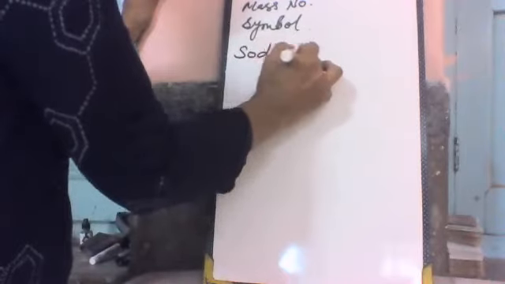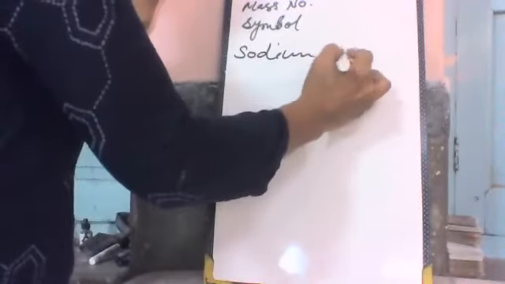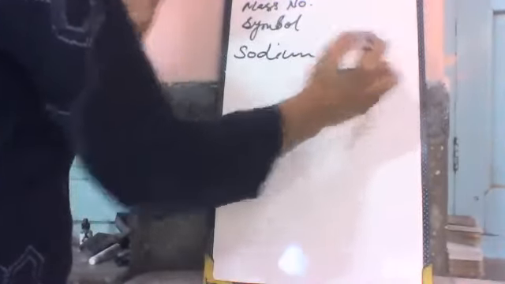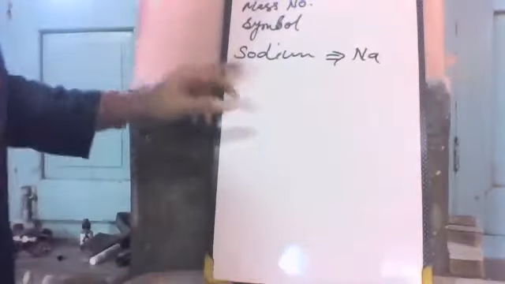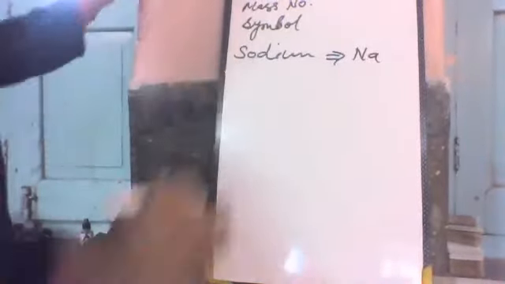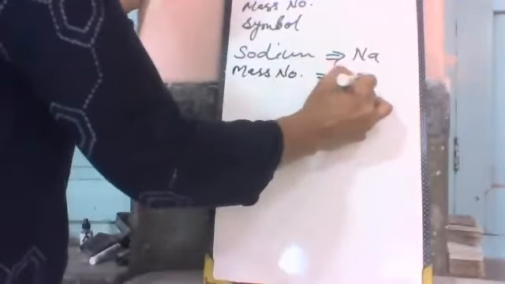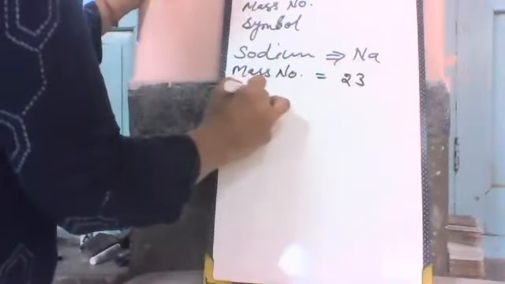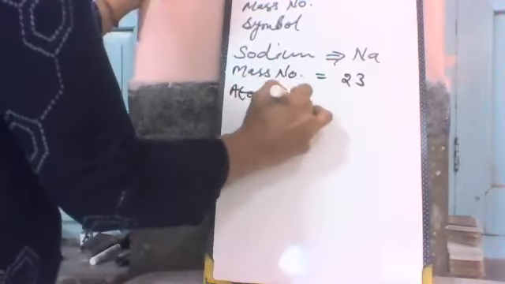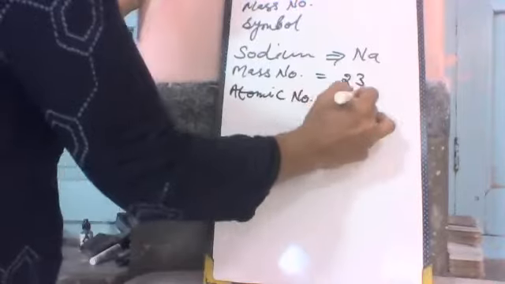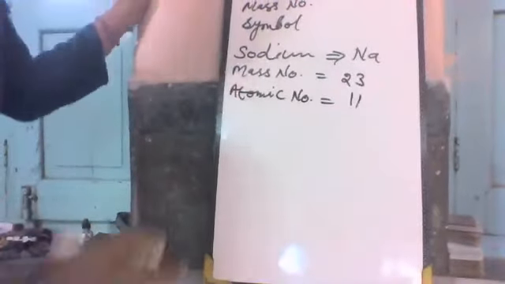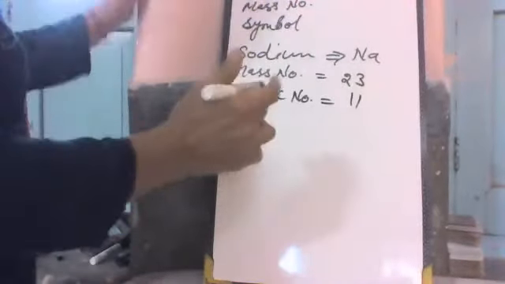Now taking the example of sodium. The symbol of sodium is Na, the mass number is 23 and the atomic number is 11. How to write them in a proper way?